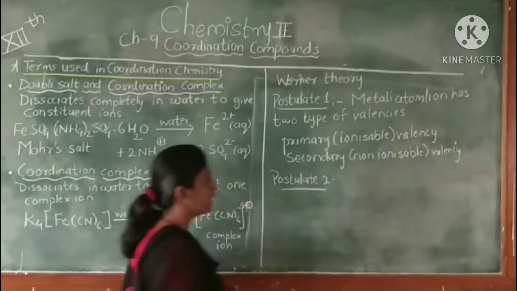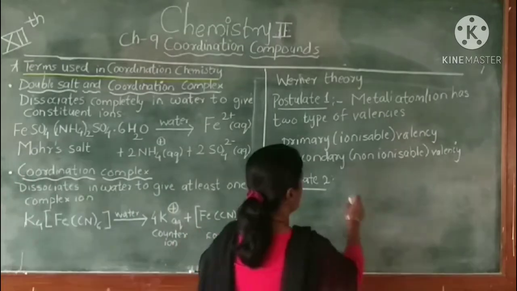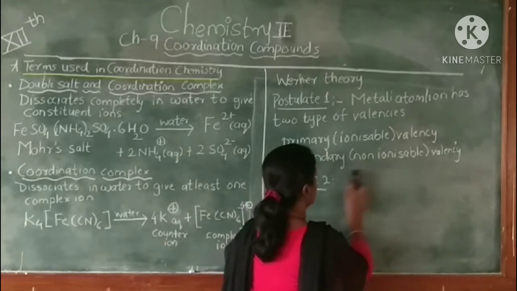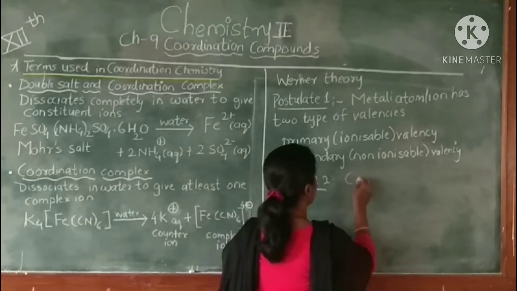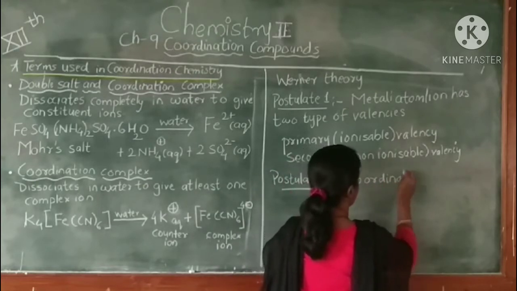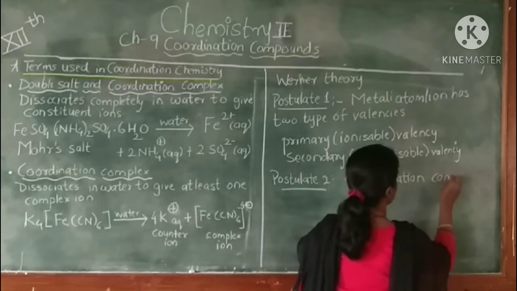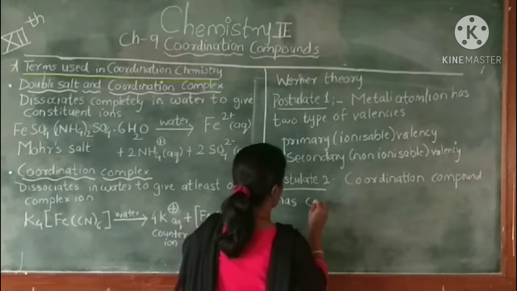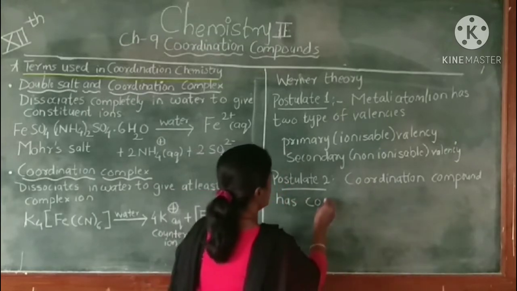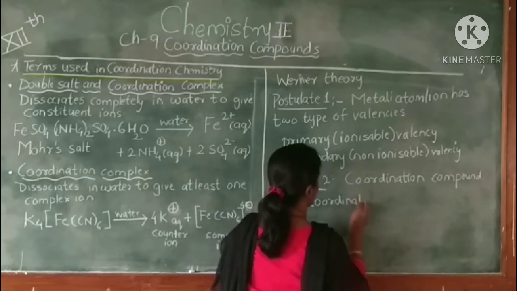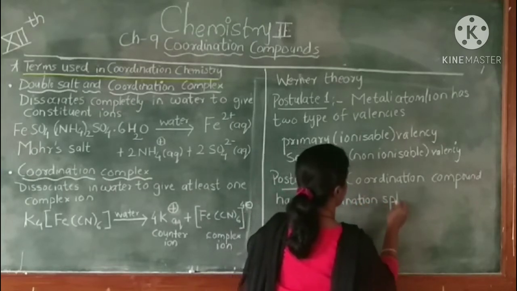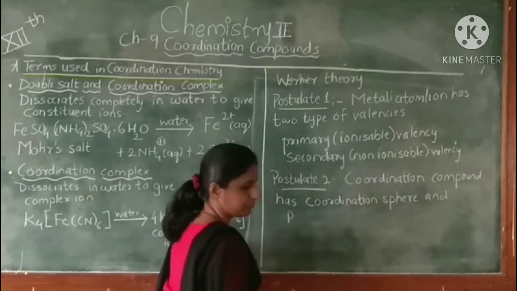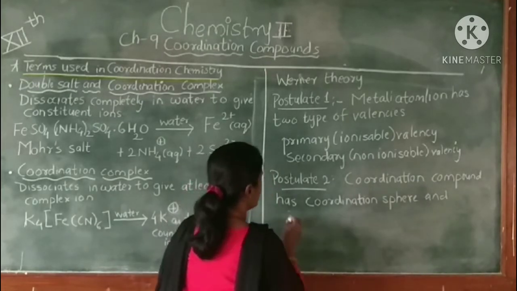Let's come to the second postulate. In the second postulate he said that a complex or coordination compound has a coordination sphere and an ionization sphere. Two spheres.